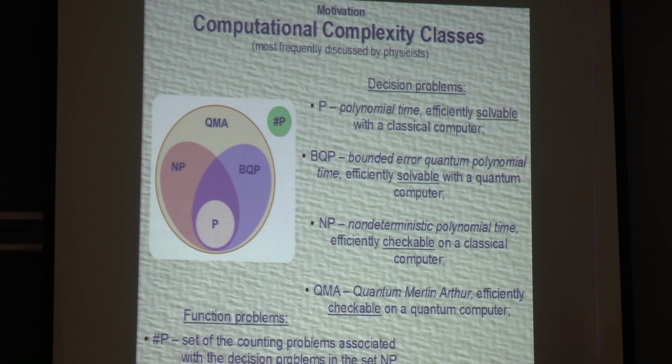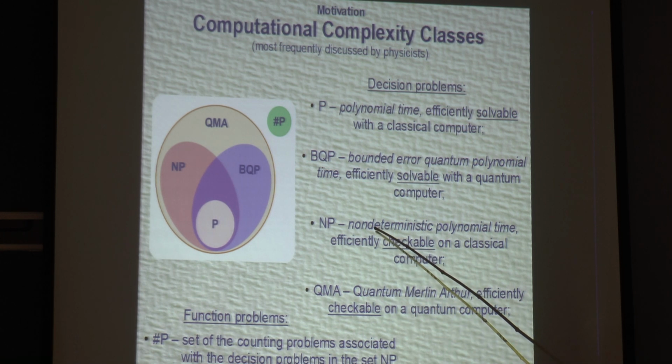The most known class is the class P, because this class comprises all the problems which are efficiently solvable with a classical computer. Thus, any actual computer we have at hand. The class BQP is the direct generalization of the class P for a quantum computer. Thus, it comprises problems which are efficiently solvable by a quantum computer.